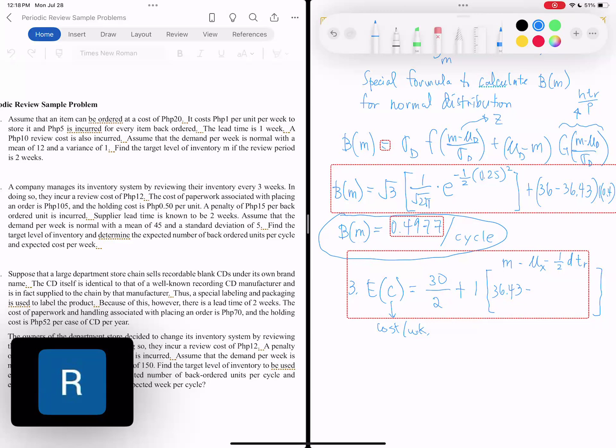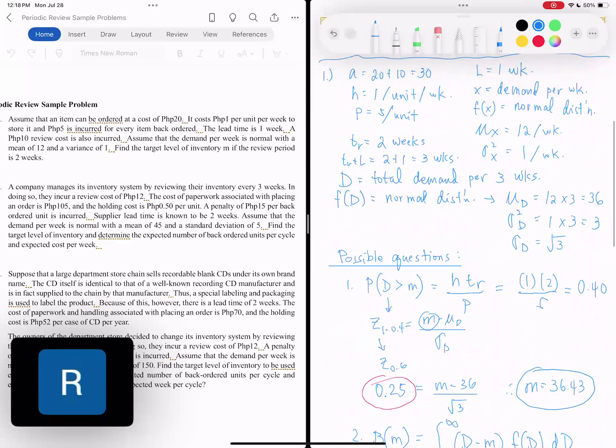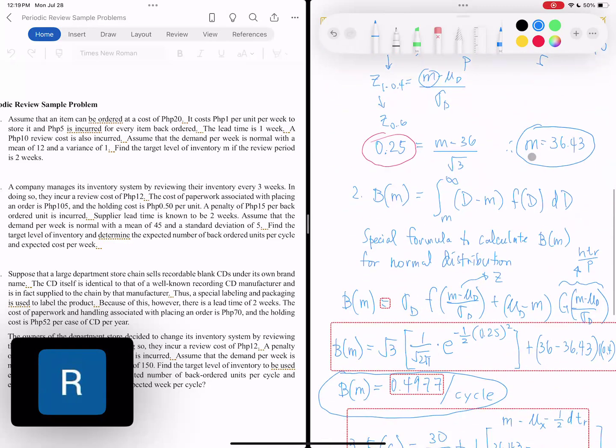So always know that in the derivation of the average inventory level, the mean during lead time is the one that was used. So therefore, you have to put the average of X, which we had here in the given. Since lead time is 1 week and the problem says that the average demand in 1 week is 12 following a normal distribution, then we put 12 here. I hope that's clear.